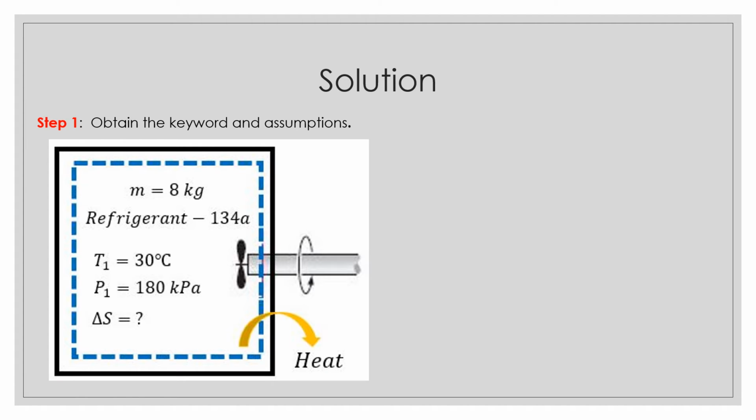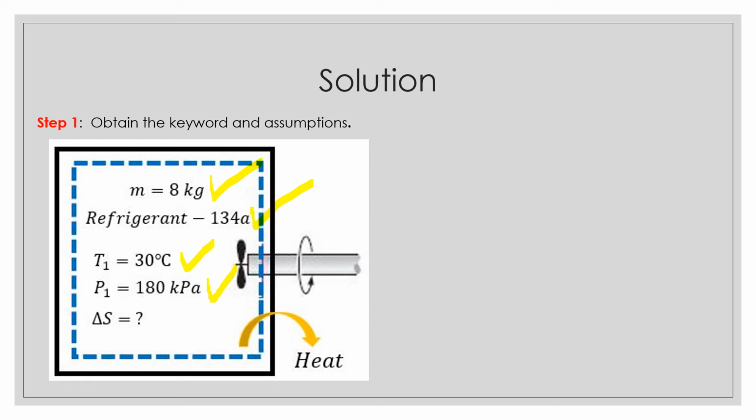Step 1, obtain the keywords and assumptions. We can jot down the crucial information from the question: m equals 8 kilograms, referring to the correct property table, refrigerant 134A, with state 1 at temperature 30 degrees C and pressure 180 kilopascal, and determine the entropy.